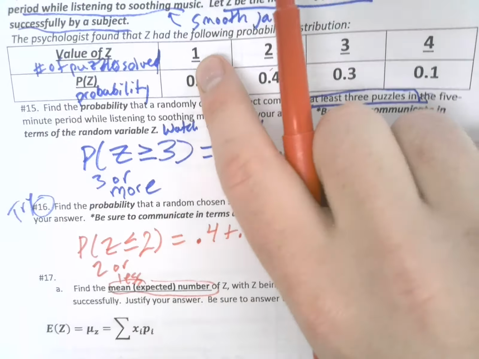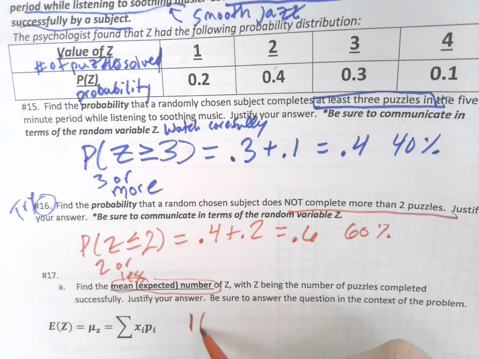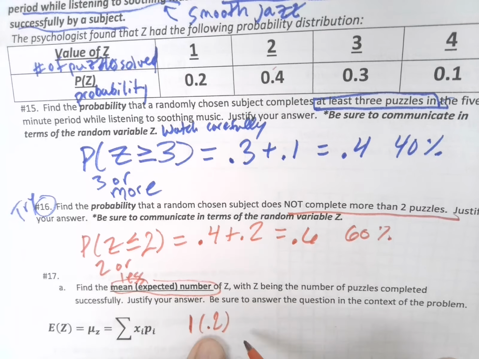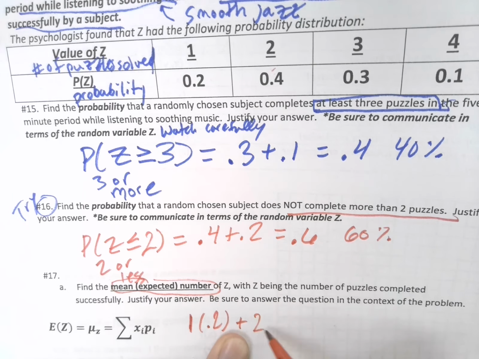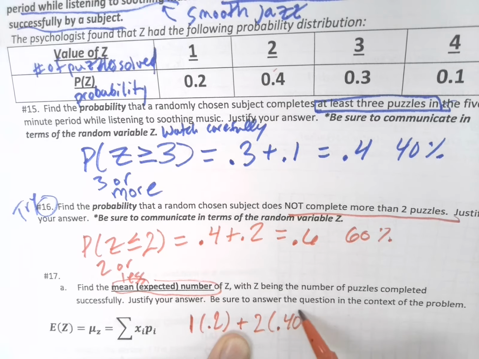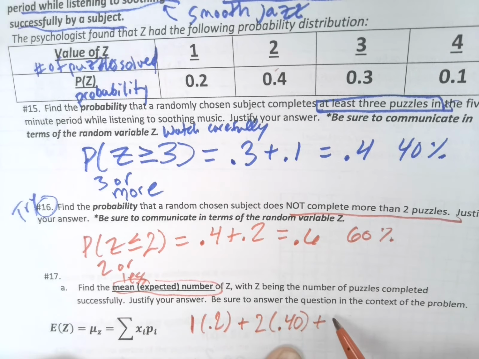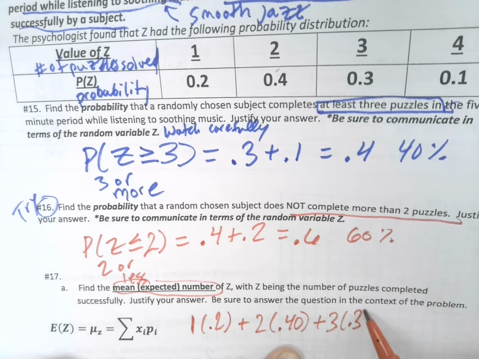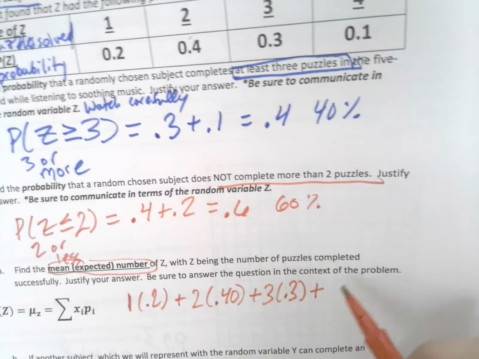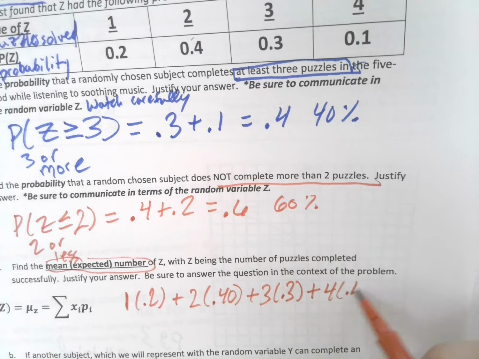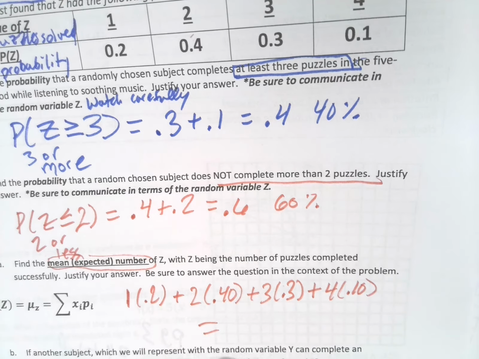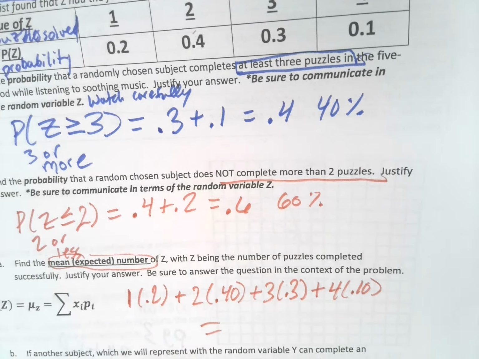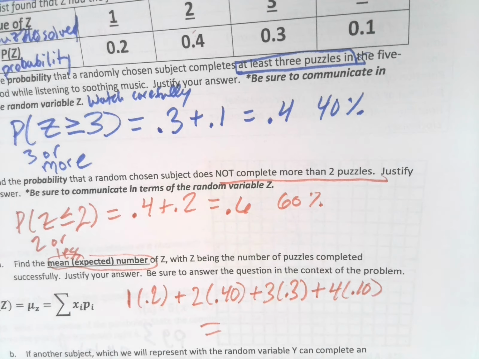So for example, solving one puzzle, we know there's 0.2 or 20% chance of that happening, plus solving 2 puzzles, 40% chance, plus solving 3 puzzles, 30% chance, plus solving 4 puzzles, about a 10% chance. And when you work all of that out, I believe you end up with, I think it's 2.3. We'll see if I'm right or wrong here.